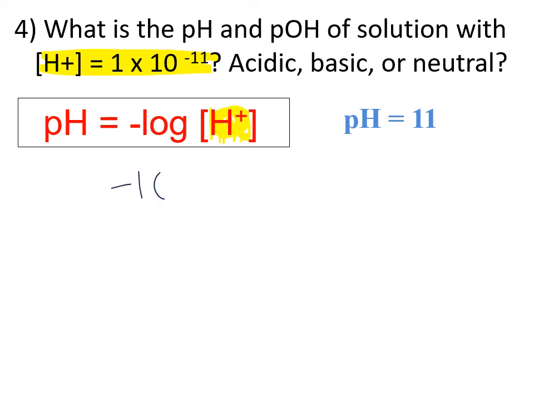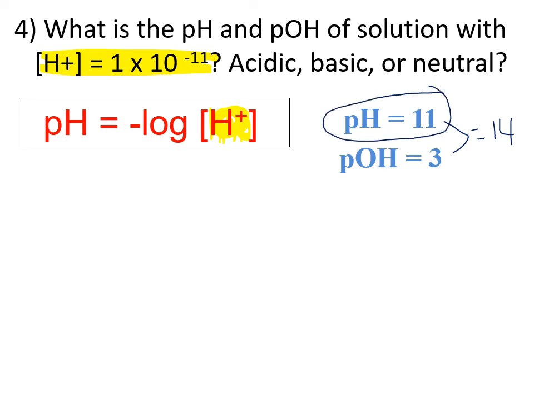You would type in negative log 1 times 10 to the negative 11, and it gives us a pH of 11. And so the pOH would be 3 because they add up to equal 14. And then is this acidic, basic, or neutral? pH of 11. That is a base.